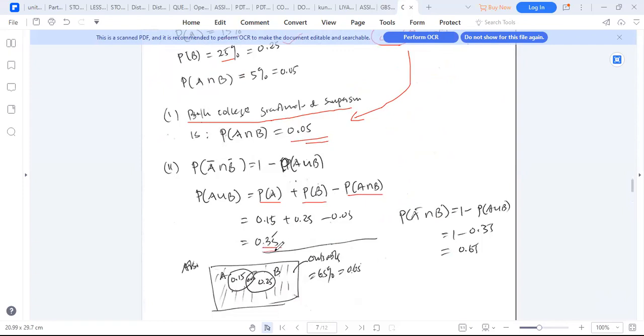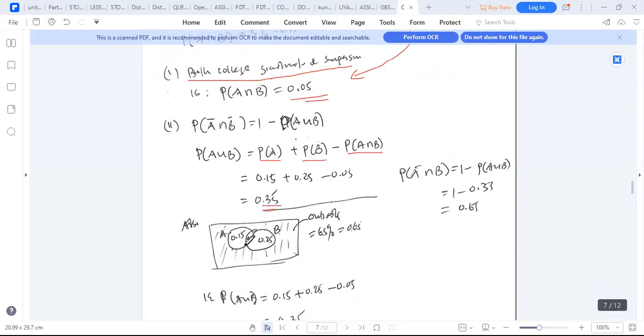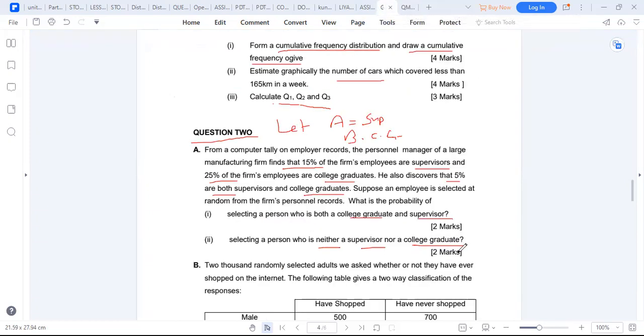This total here is talking about those who are supervisors and college graduates, which is that 5%. So outside this is the complement of 65%. This is where we get the 0.65. All right, this is how we get our 2 marks from there.